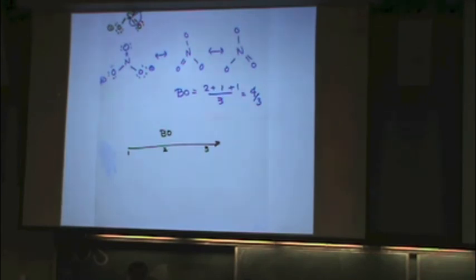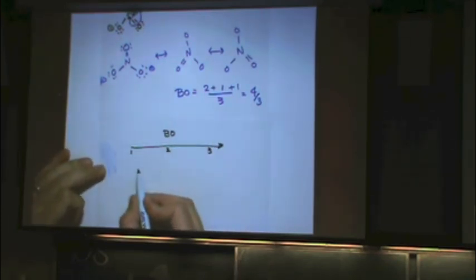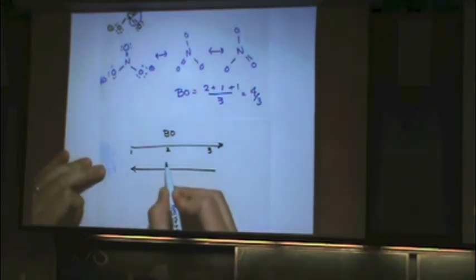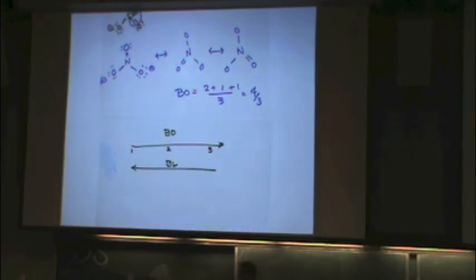But because it's so strong, it draws the nuclei closer to each other. So actually the triple bond is the shortest bond. Because it's so strong, it pulls the nuclei towards each other. So in fact, bond length is the opposite of order. Meaning as the order goes up, the bond length goes down. Or vice versa. The bond length goes up, the bond order goes down. So they're opposites of each other.